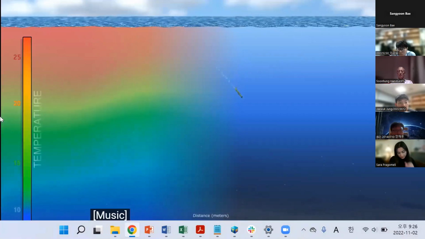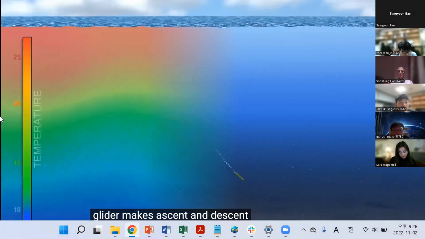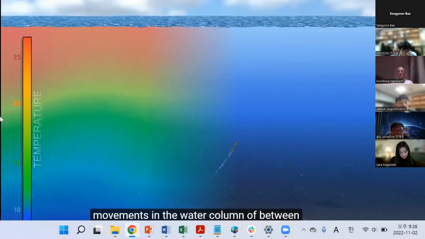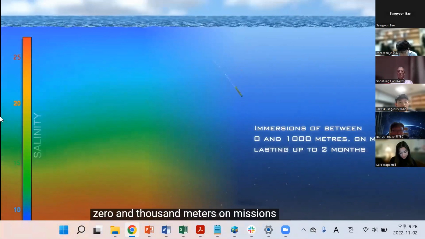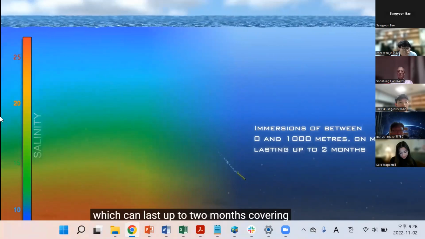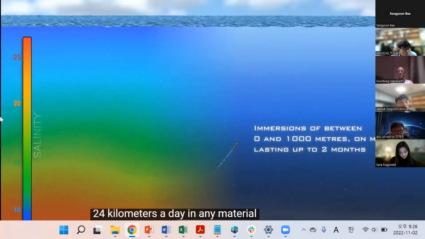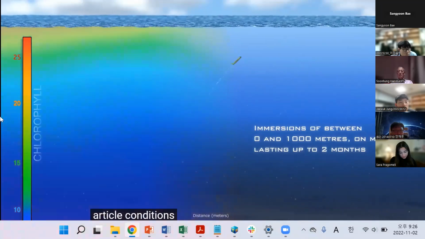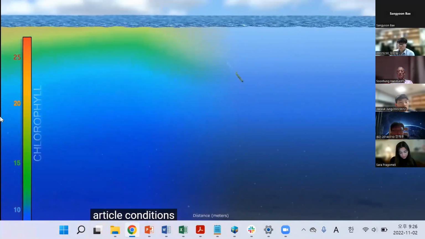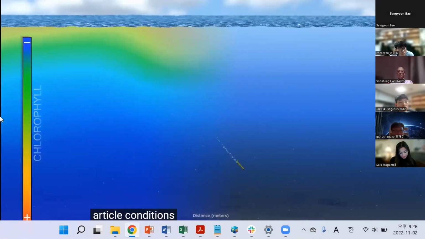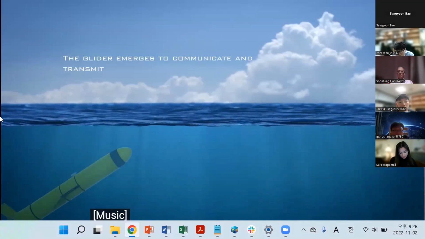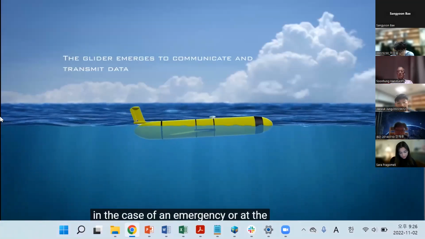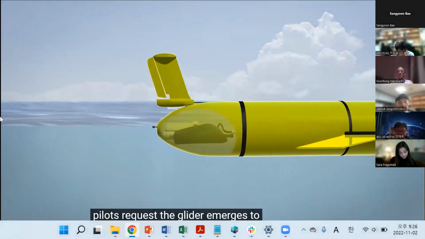The glider makes ascent and descent movements in the water column of between 0 and 1000 meters, on missions which can last up to 2 months, covering 24 kilometers a day in any meteorological conditions. In the case of an emergency or at the pilot's request, the glider emerges to communicate with the base.